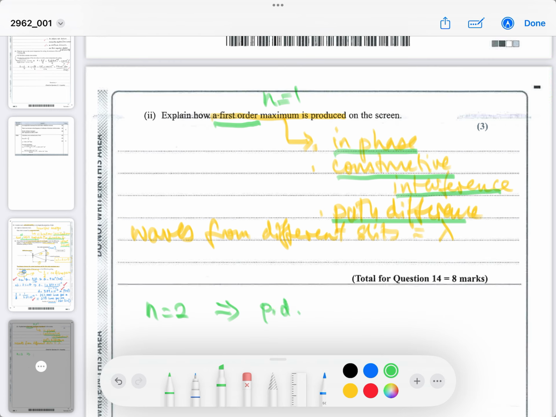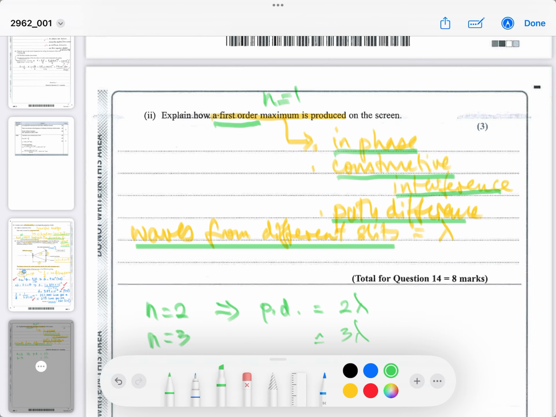Path difference would be equal to 2 lambda. And for n equals 3, the path difference would be equal to 3 lambda. And that's why you get certain positions where all the waves from the adjacent slits have the correct path difference to allow the bright fringes to occur.